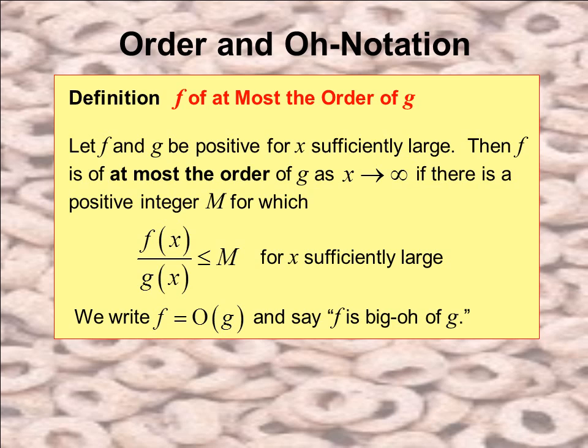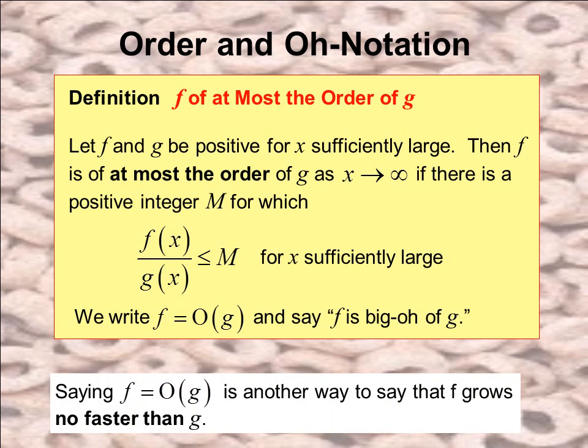Then f is at most the order of g as x approaches infinity if there is a positive integer m for which the absolute value of f of x over g of x is less than or equal to m for x sufficiently large. We write f equals big O of g. So we have to be able to tell that uppercase O from a lowercase o. Saying f equals big O of g is another way to say that f grows no faster than g.